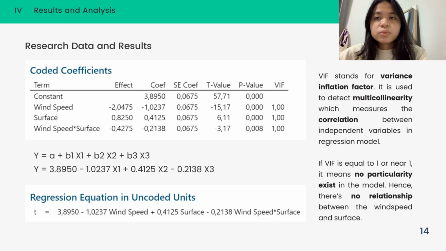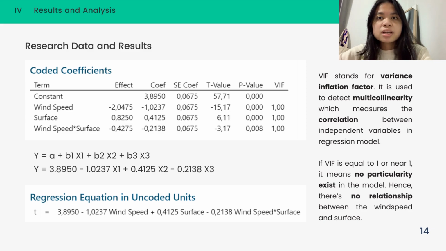Okay, so now we move on to the coded coefficients. As you can see here, there is an effect column and a coefficient column with various values. The relationship between this effect and coefficient is important to make further predictions. So the general formula will be y equals a, which is the constant, plus b1 as the coefficient of wind speed, times x1, which is indicating the first factor, plus b2 x2, indicating the second factor, which is surface, plus b3 x3, indicating the interaction of wind speed times surface.